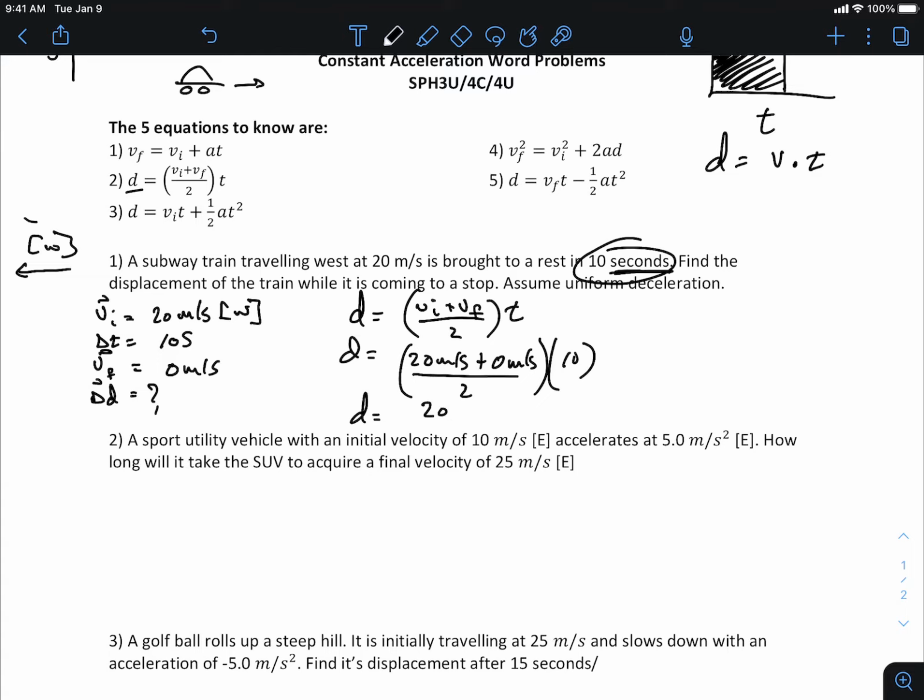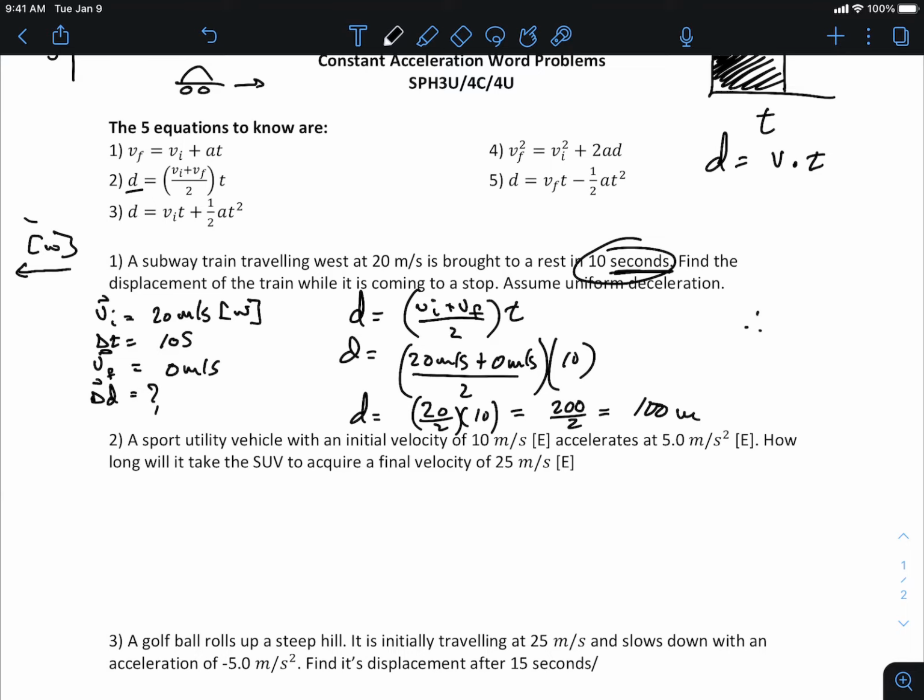So we get 20 divided by 2 times 10, which equals 200 divided by 2, which is equal to 100 meters.